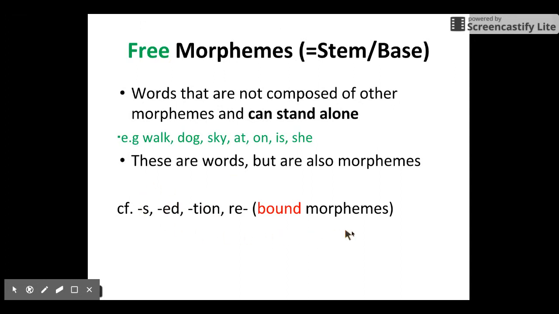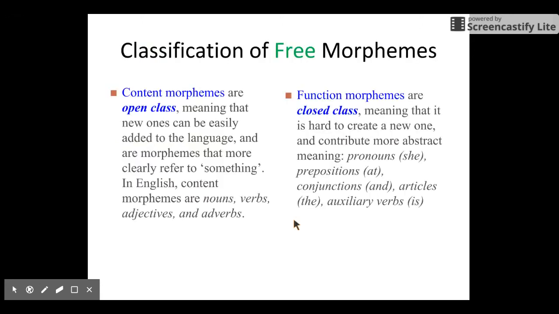On the other hand, we have some other morphemes which must be attached to something else, right? And there are two types of free morphemes: closed class and open class. Content morphemes are open class. Content morphemes have some solid semantics, some solid meaning.